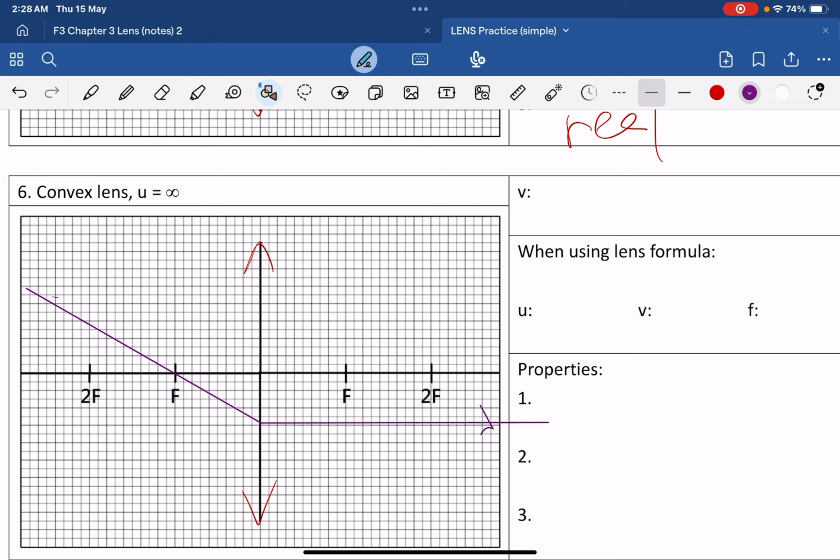And then we draw another ray, because we know u is infinity, so it requires the light ray to be parallel to the first light ray. Okay, like this.